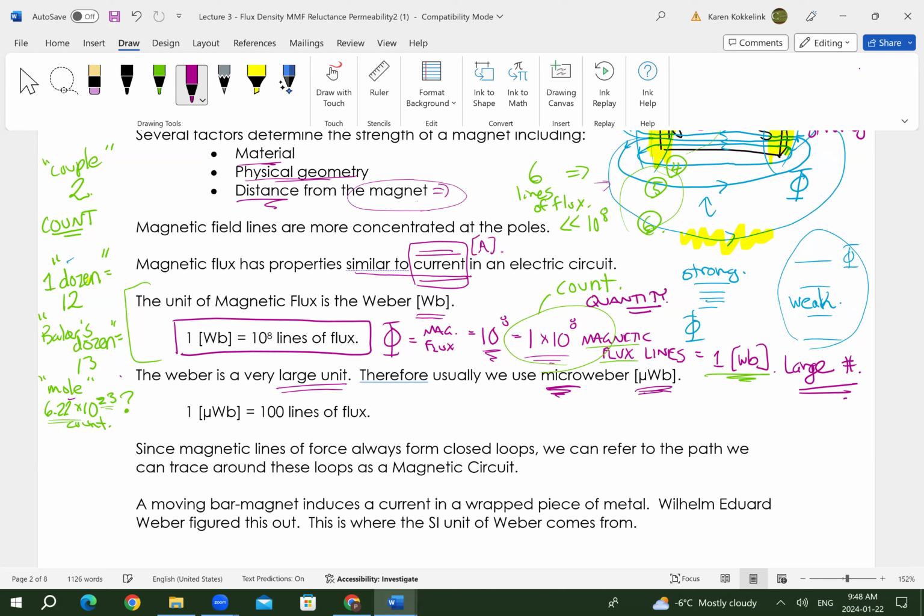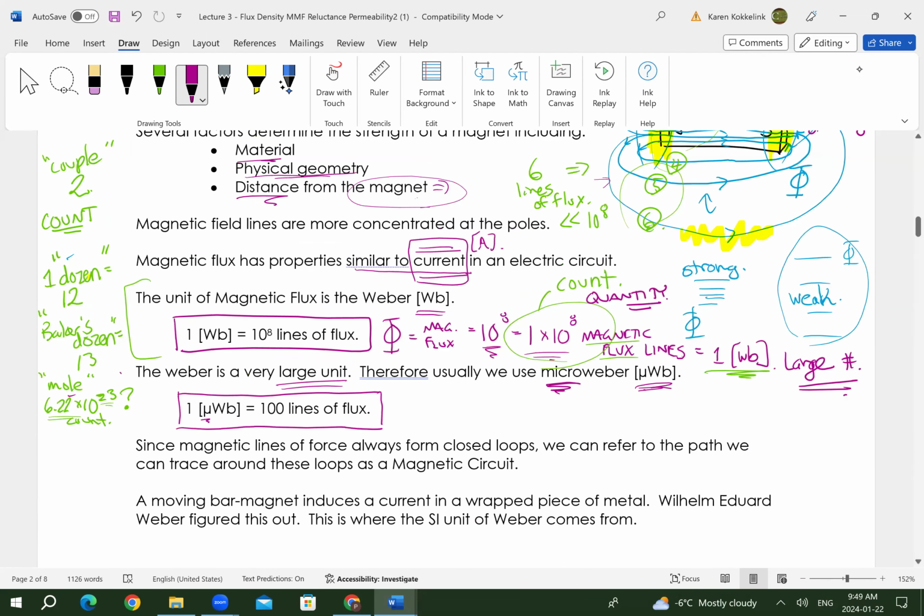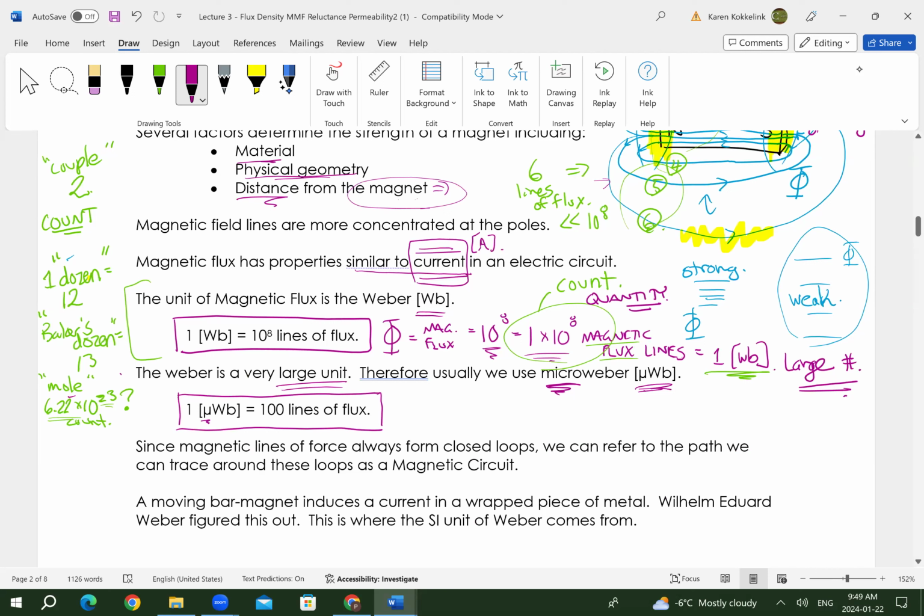So we should be prepared to use microwebers. And for 1 microweber, of course, I would just move over the decimal place, knowing our SI unit notations, and that would get us 100 lines of flux. So that's a Weber. We can use that Weber for lots of interesting calculations about magnetic induction, etc. And that's the Weber.